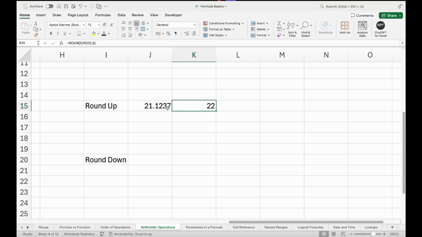But if I want to manipulate the formula in order to consider only two digits after the decimal point and round that up instead of just the integer, I can say 2. So it will consider these two digits and then round it up. So 1 2 becomes 1 3 and so on.